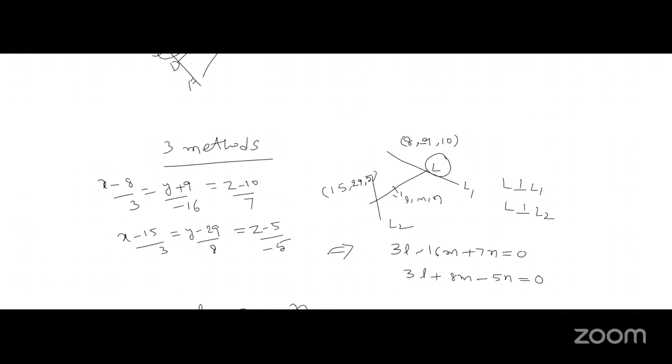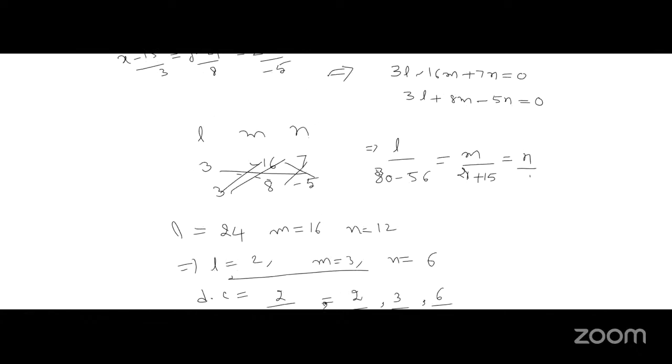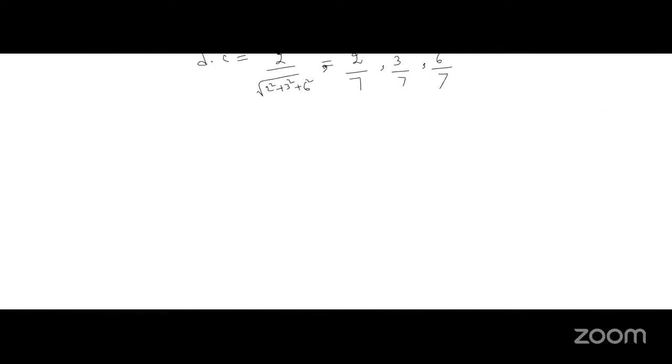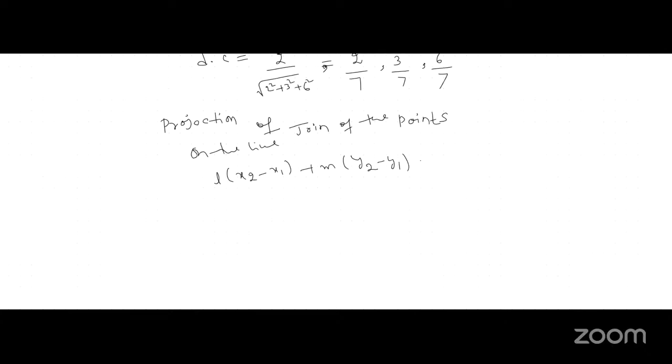Now we are taking the projection of the join of the points on the line L. So that we are getting l into x2 minus x1 plus m into y2 minus y1 plus n into z2 minus z1.